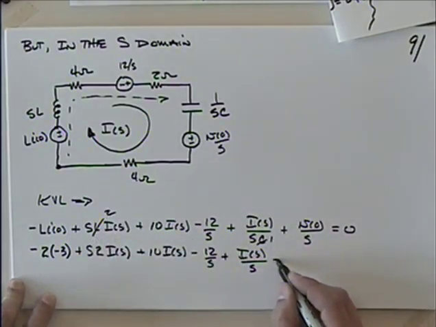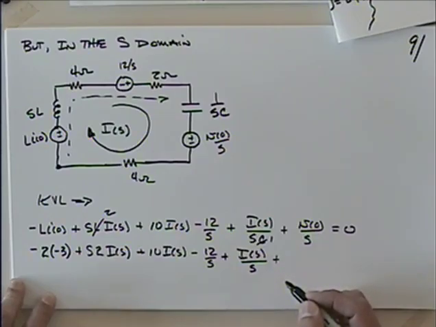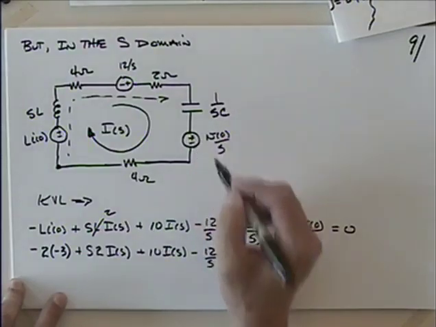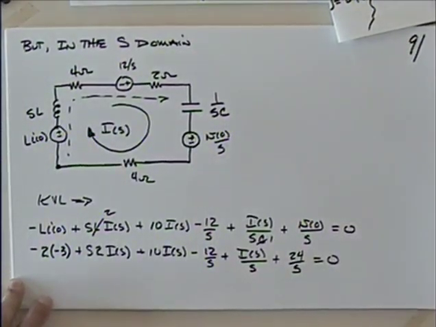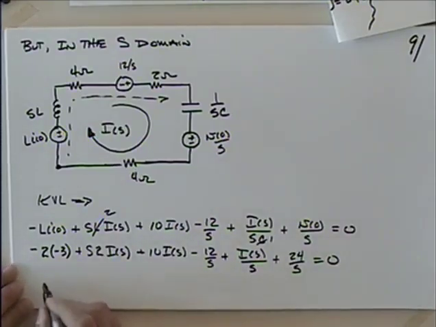And then what was our initial voltage? That was 24, and it had the same polarity, didn't it? So I just say 24 over S is equal to 0. Well, I think we're getting fairly close. What's this going to look like?